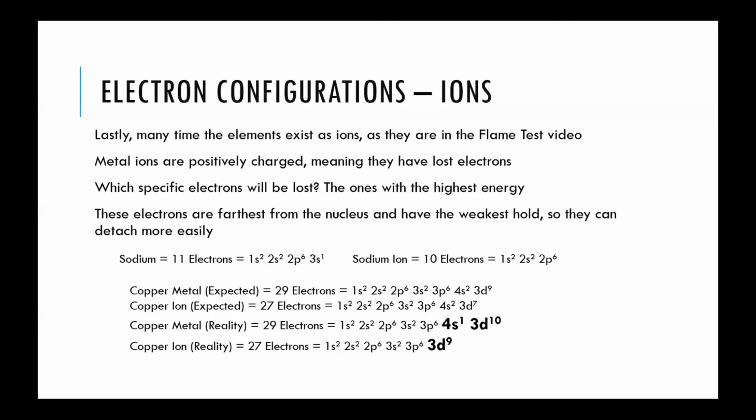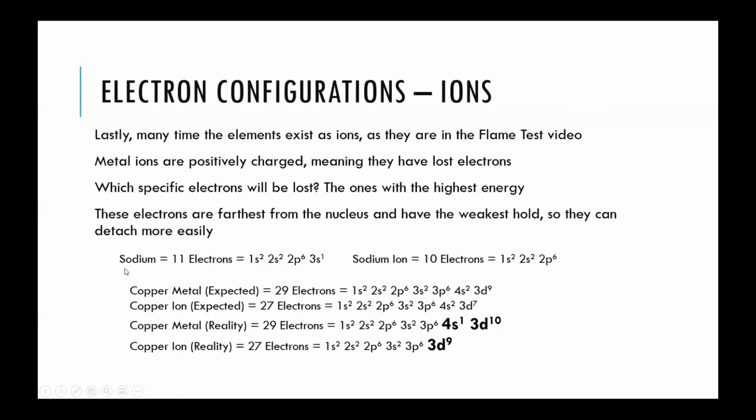And an ion is an element with a differing number of electrons. In the case of sodium, there is one less electron. So, which electron gets taken off? The electron that gets taken off is the one with the highest amount of energy.